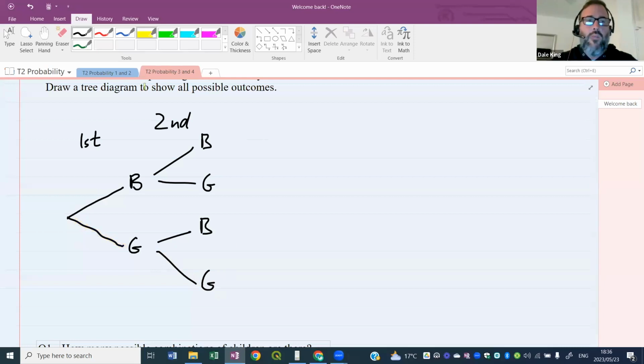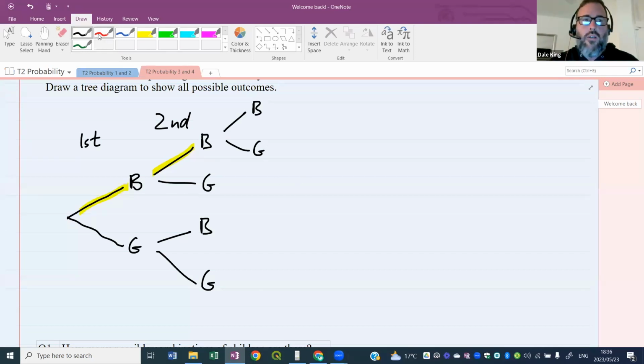But let's go back to the top one, boy and then boy. If you have 2 boys in your family and you have a third child, again, there are 2 possibilities once you've had 2 boys, a boy or a girl. So this is the third child now, the third part of our tree. Okay.